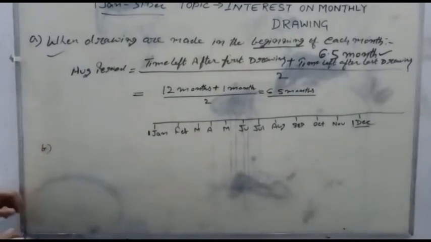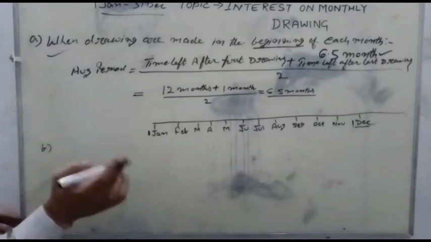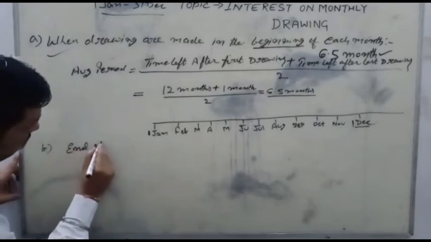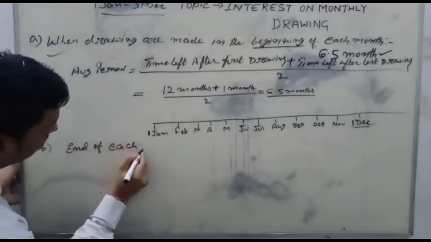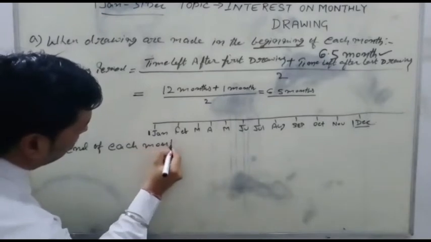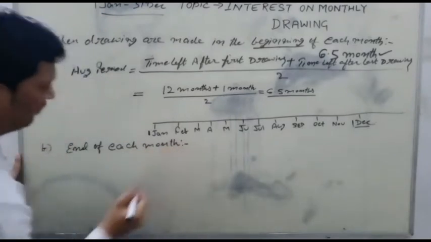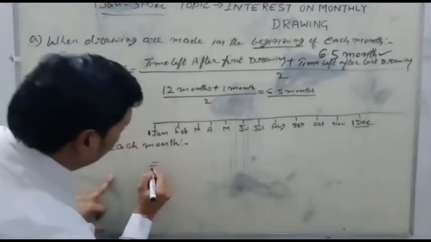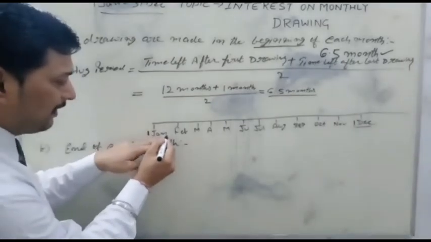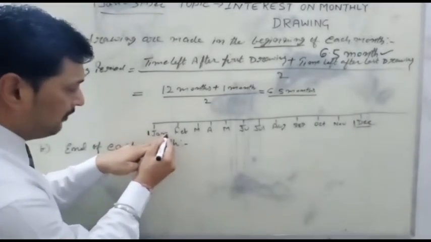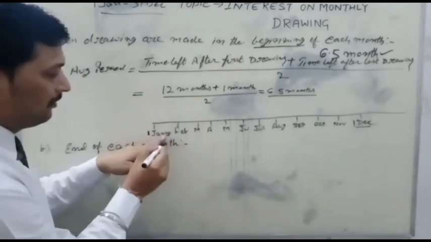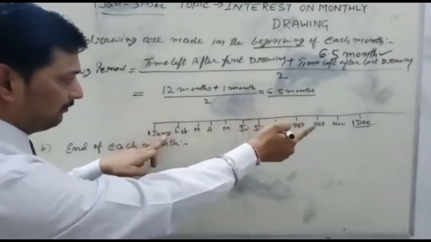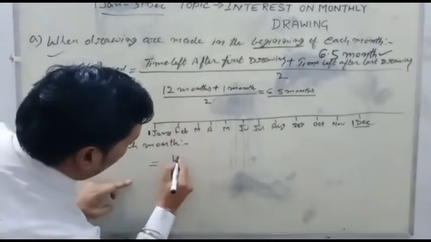The next point. In the case of drawings made at the end of each month, the same formula applies here. End of each month means January 31st. So the time left from 31st January, that is 1st Feb to 31st December, is 11 months.